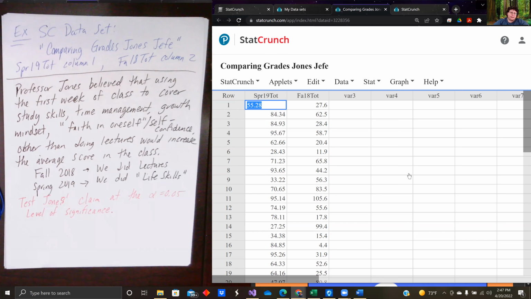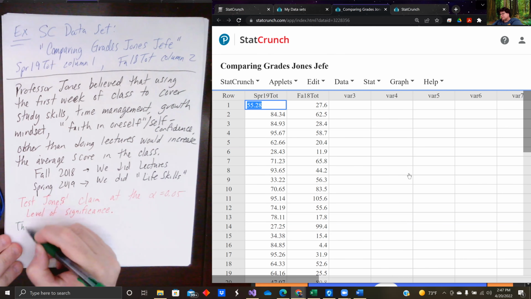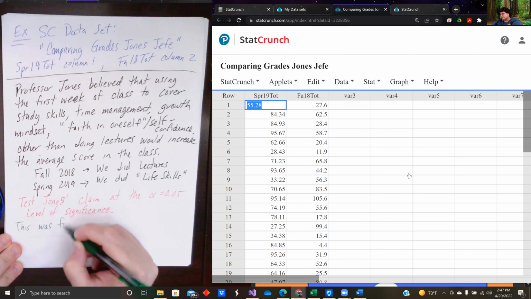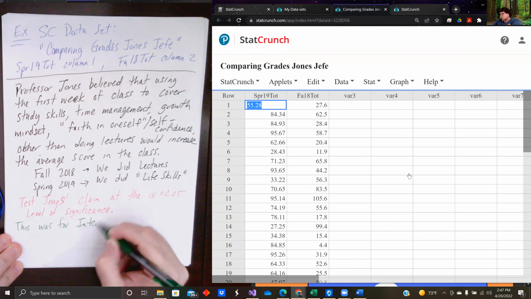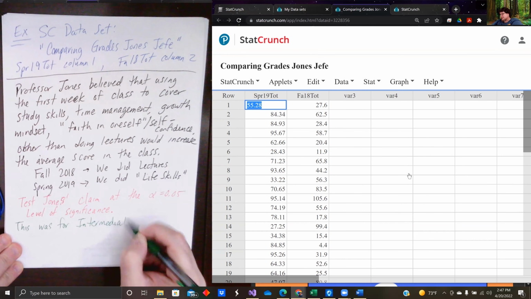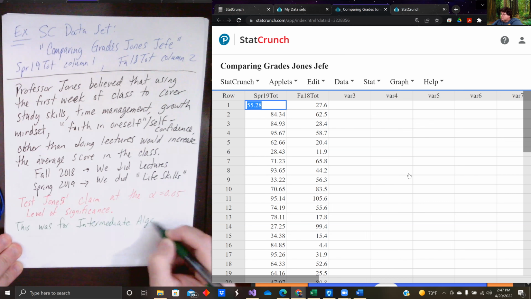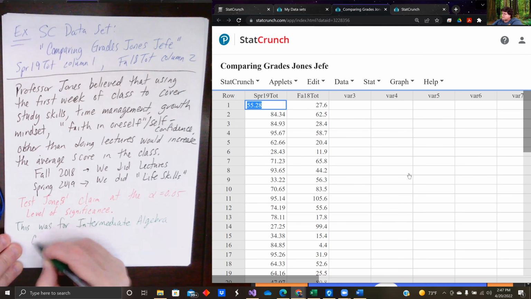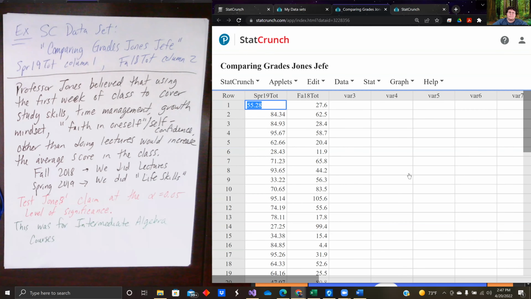Now they're not perfect comparisons. I didn't tell you what class it was. This is for intermediate algebra courses, which we do not even teach at COS anymore. But it has a lot of the same content as Math 35, just a little bit lighter.